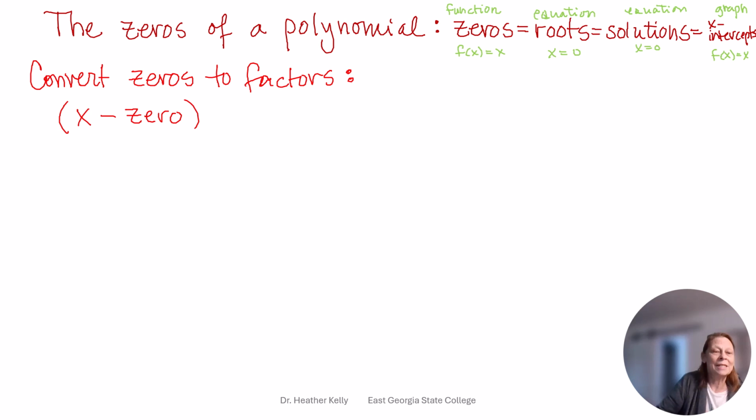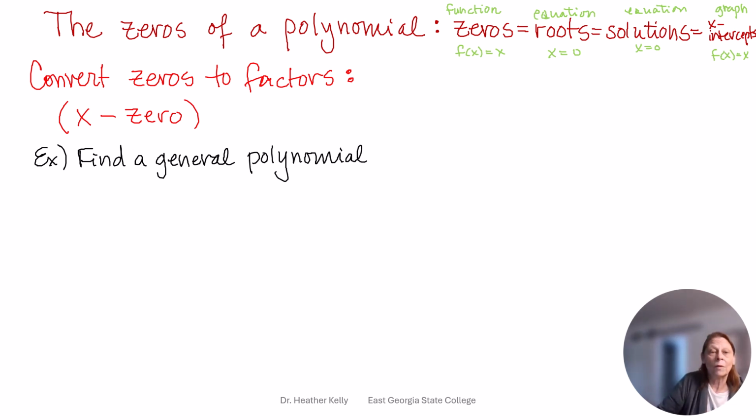Okay, so let's see, where are we even going with this? So let's find a general polynomial with the following zeros. Let's see, 1, -2, and 3.